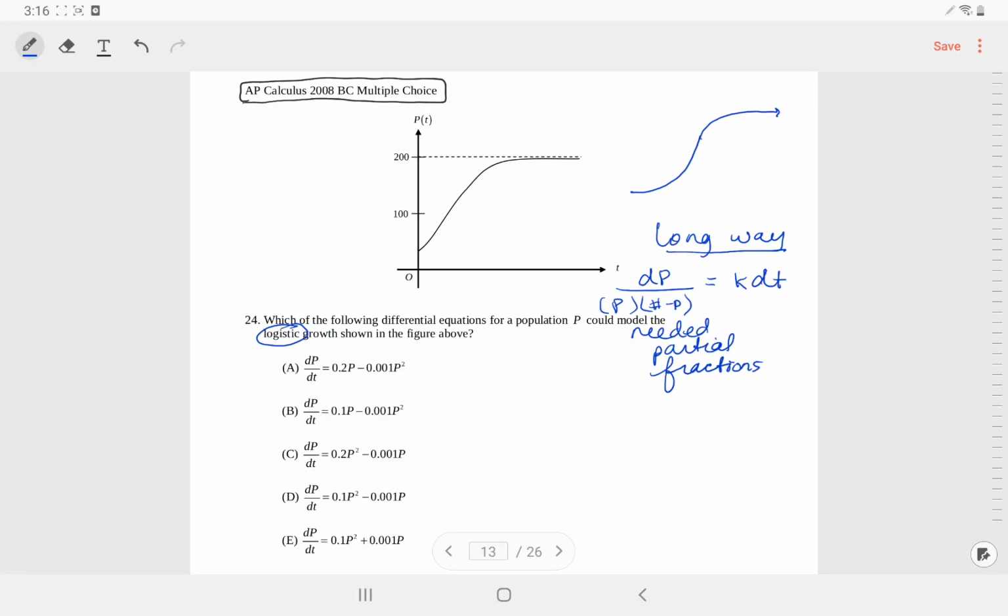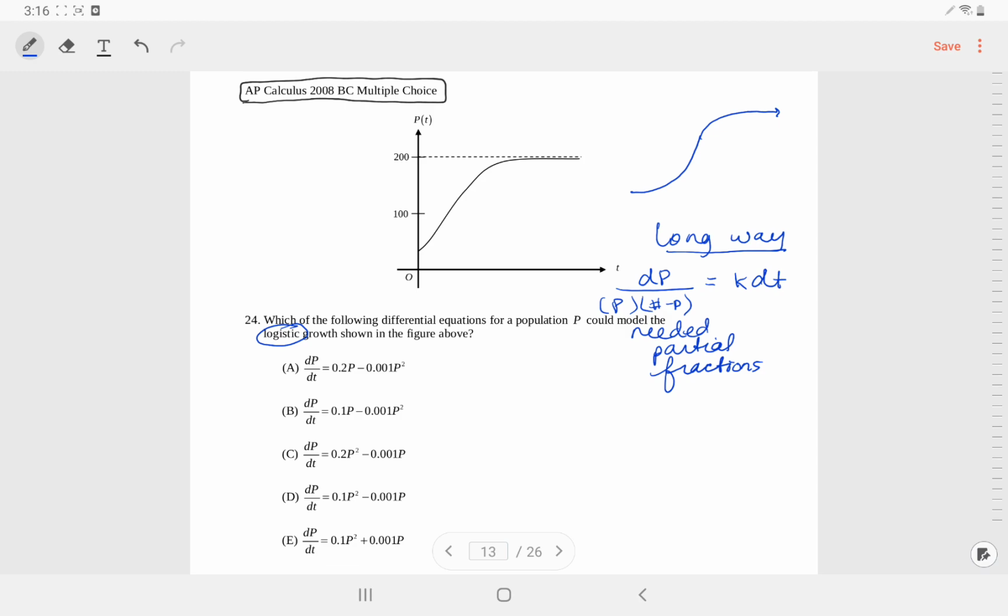Now, this is not on the IB exam. If it was on the BC exam free response, there's a good one from, I don't know, 1994. I'll have to find it for you. I think it's 94. No, I was at Bonita High School. 98, 97? I'll have to look for it.